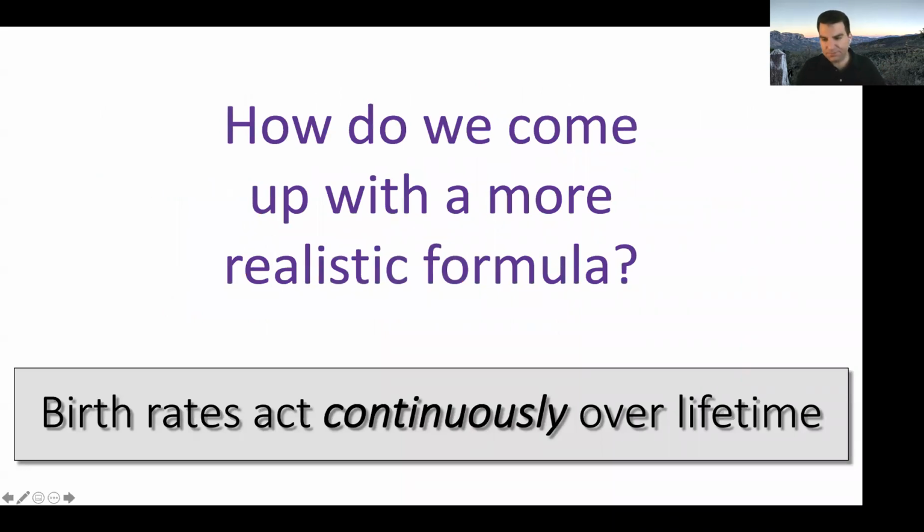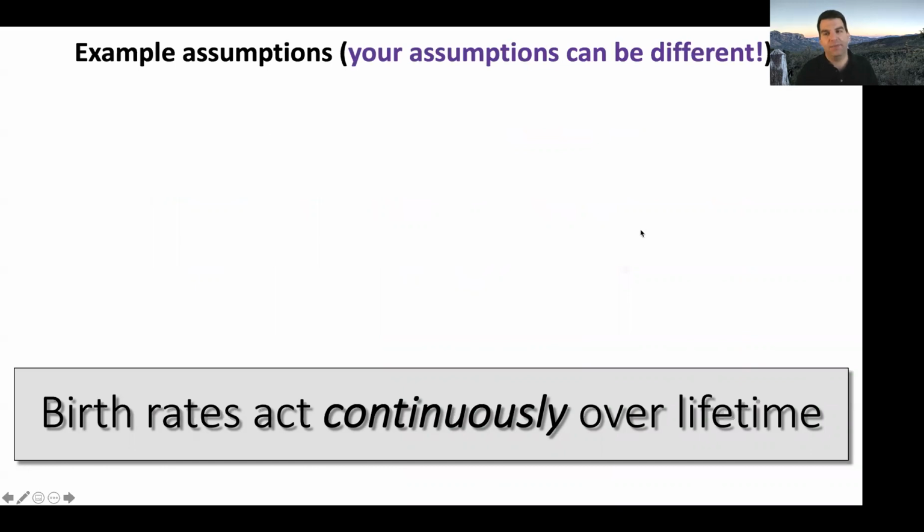All right, so how do we come up with a more realistic formula? Again, trying to use our mental model combined with a little bit of mathematics. So let's think about some assumptions that we're going to make on breeding in a human population that we're modeling in this assignment.